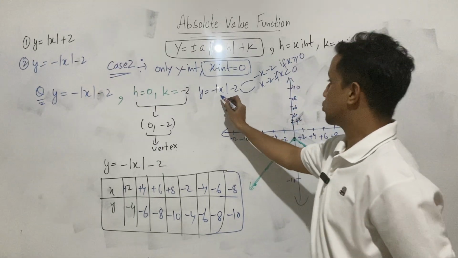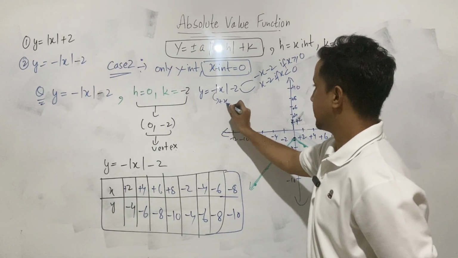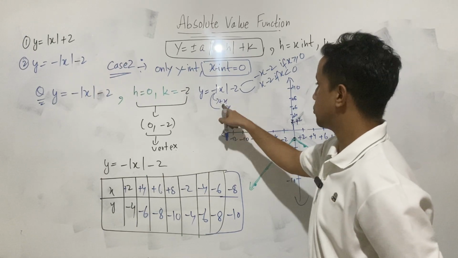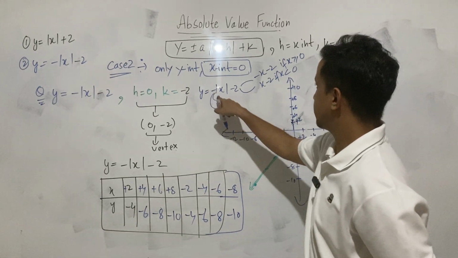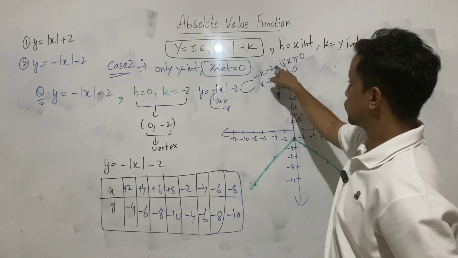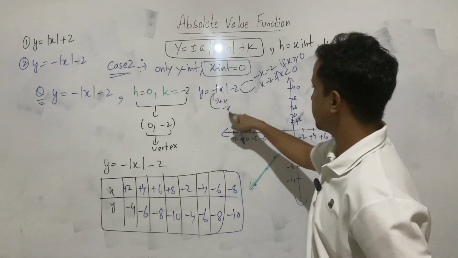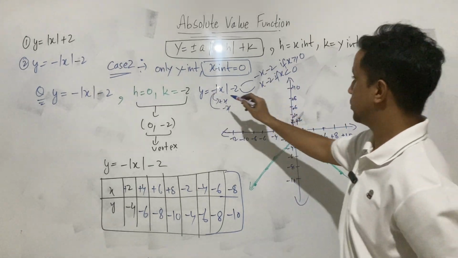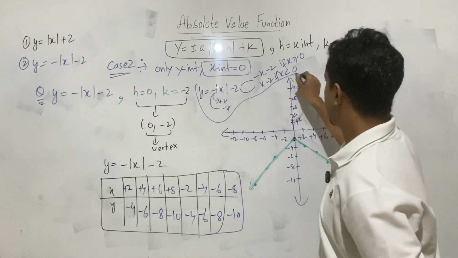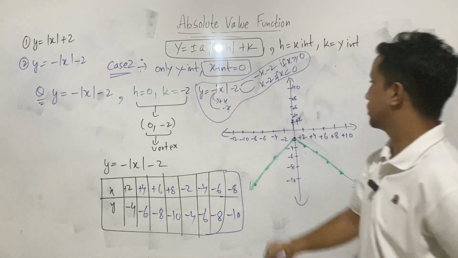See here, it's going to be positive x or negative x. So positive x becomes negative x minus 2; if negative x, negative of negative, positive x minus 2. So I hope this is clear.